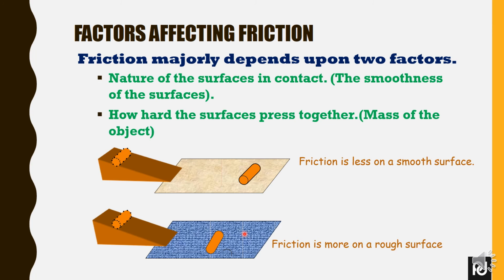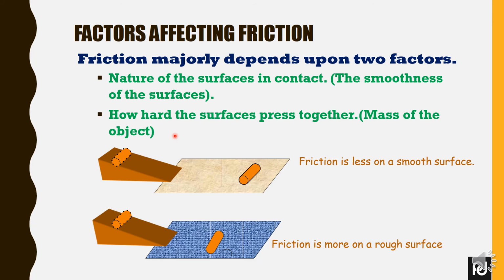The second important friction affecting factor is how hard the surface is pressed together, or in the other sense, mass or the weight of the object. Means if heavy is the object, then friction will be higher. Lighter is the object, friction will be lesser.